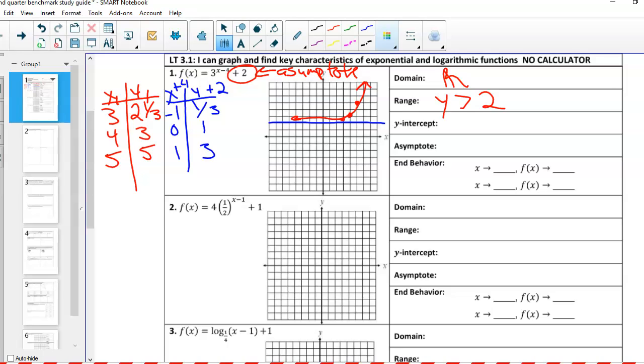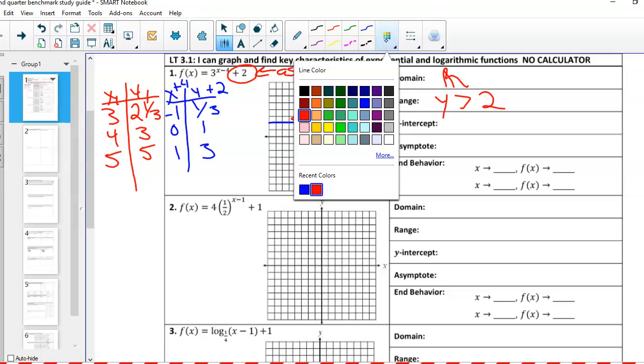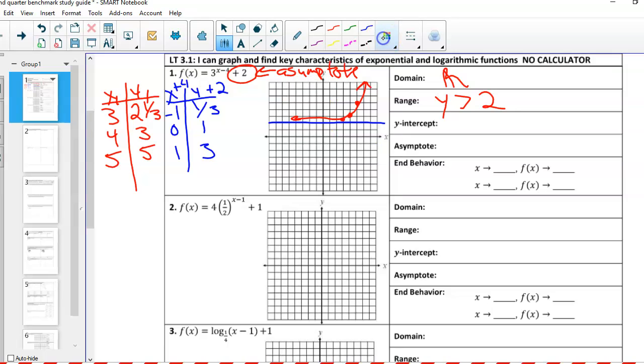For your y-intercept, you can put 0 in for x and figure that out. So 3 to the negative 4 plus 2. What is 3 to the negative 4?